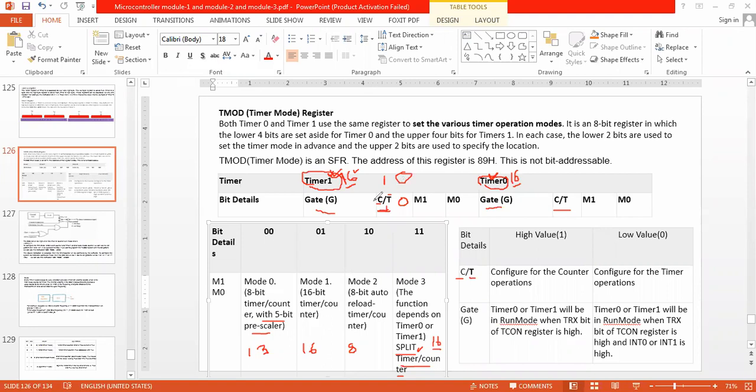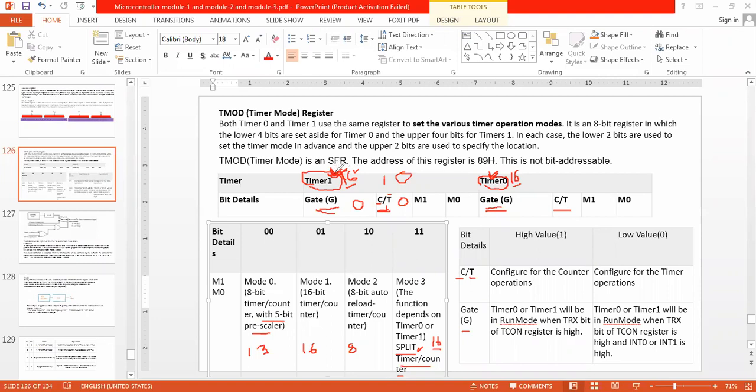Then the gate bit. The gate bit is basically used to run the timer 0 and timer 1 registers. Whenever the gate bit, the 7th bit, is 0, then the input to run the timer depends upon two values.